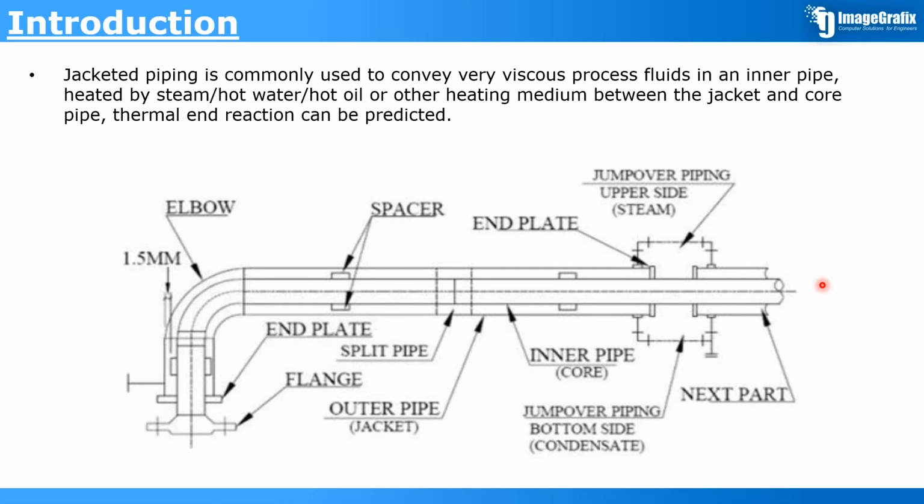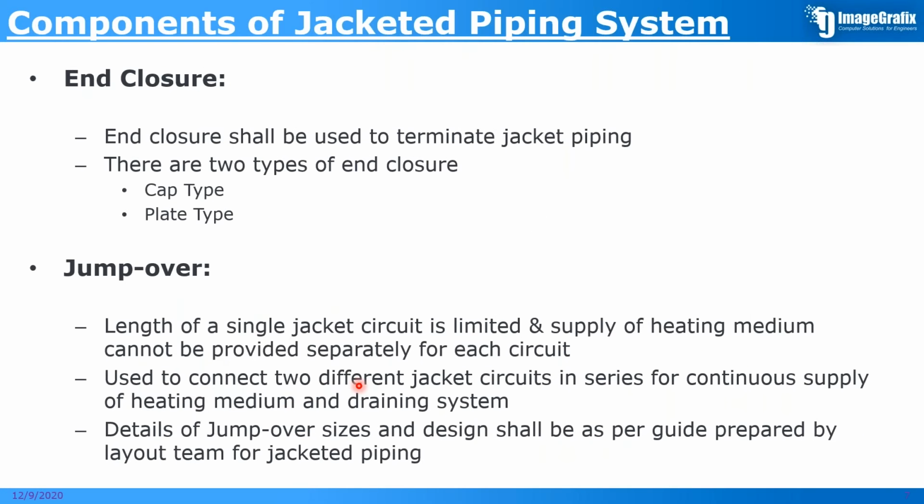So in that condition, these jump overs come and play a major role. Exactly at this end plate where the terminal is coming, we'll have a jump over so that the fluid will automatically transfer to the next start of my jacket piping using this jump over piping segment, which can be of different diameters based on our applications.